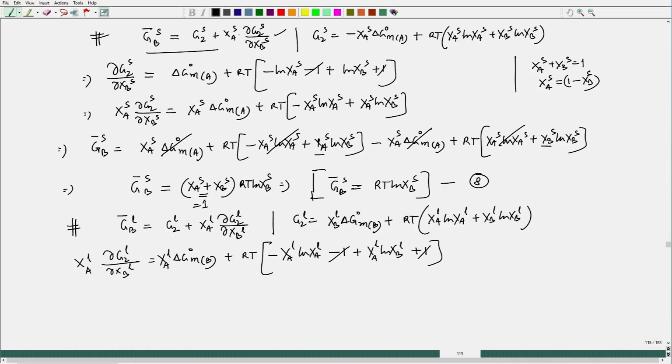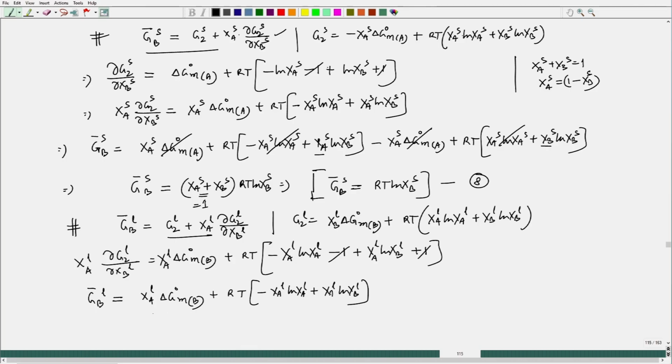So G bar B of liquid should be equal to, following this equation, XAL delta G naught M B plus RT times minus XAL ln XAL plus XAL ln XBL.